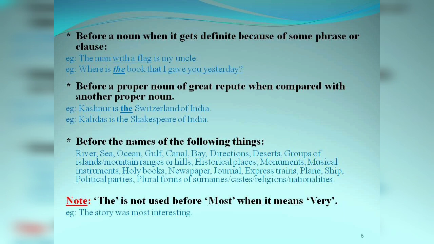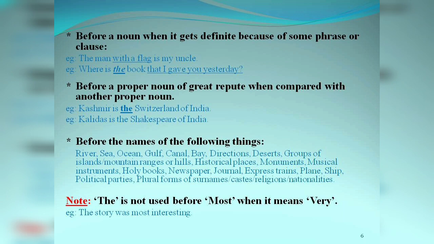Next rule says before a proper noun of great repute when compared with some other proper noun. Okay, so whenever two proper nouns are being compared, in such a case we must use the before a proper noun of great repute, which is more famous than the other one. Like Kashmir is the Switzerland of India. In this sentence, Kashmir and Switzerland, these are two proper nouns.